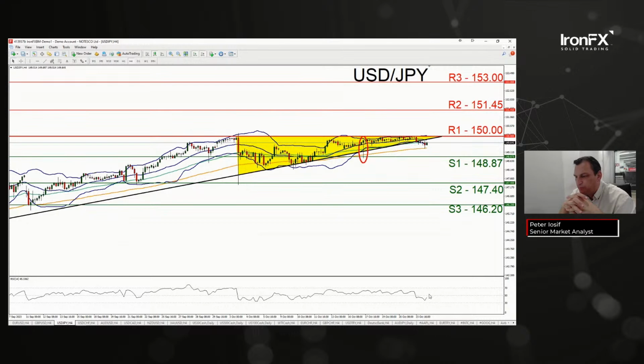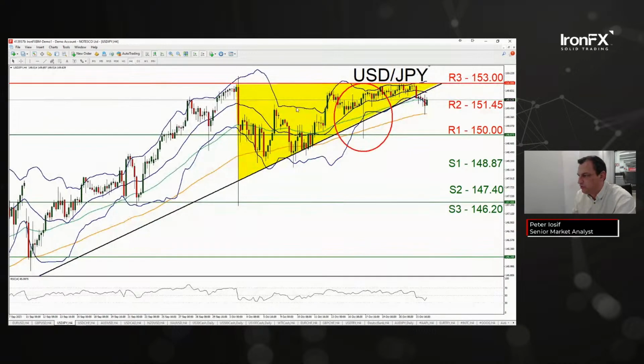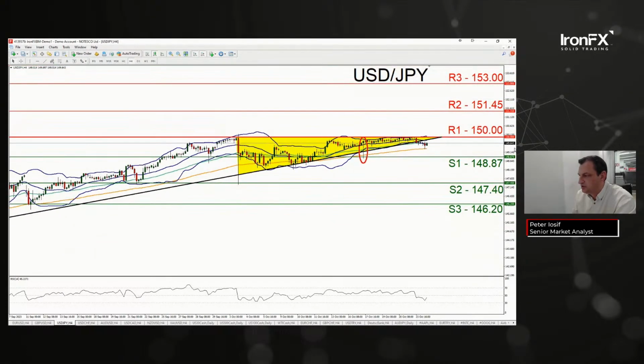and that would be also due to the result that the upward trend line, allow me to drill into the daily chart. Now the upward trend line, which was guiding the pair since around the end of March, seems to have been broken for now. Mind you that it has been broken in the past again, but for the time being it seems to imply some stabilization. Back to the four-hour chart, which in turn may allow USD/JPY to remain between the R1 and the S1.